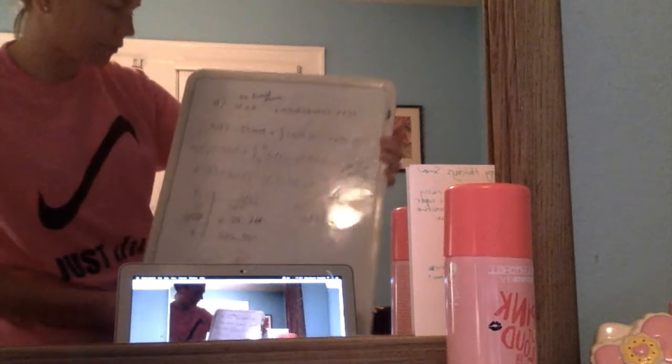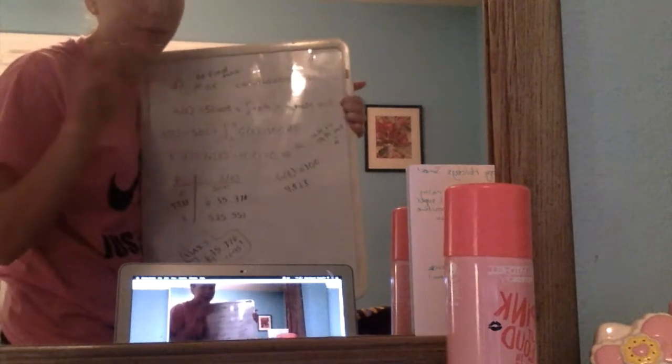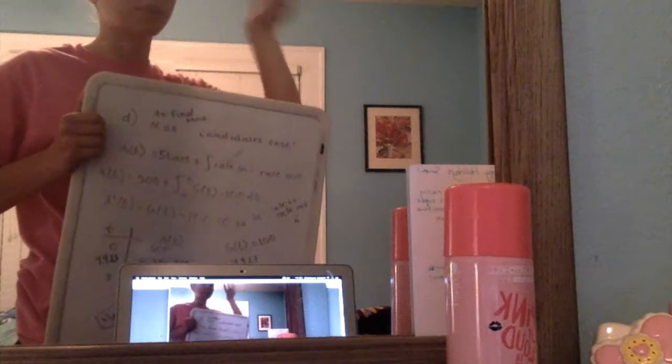First we have to establish how to find the amount of gravel in the facility at any time, and that is the start plus the integral of the rate in minus rate out, as you can see written here.